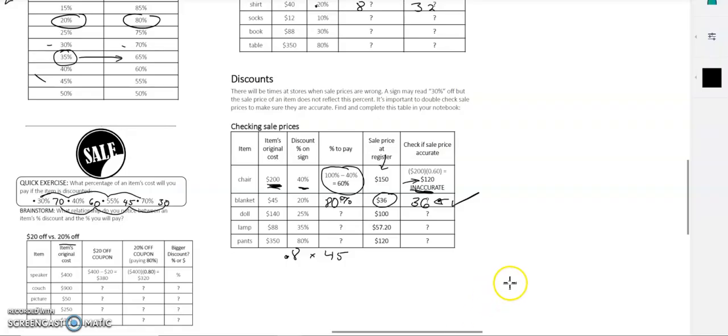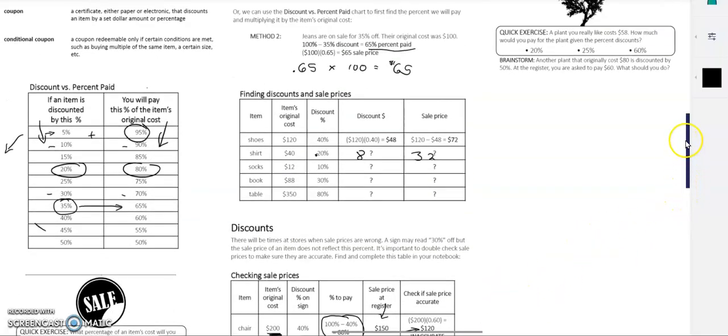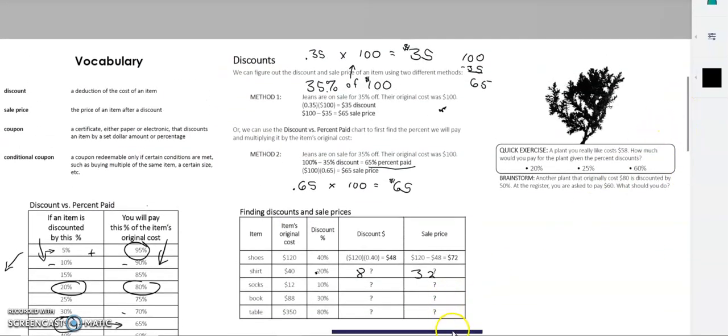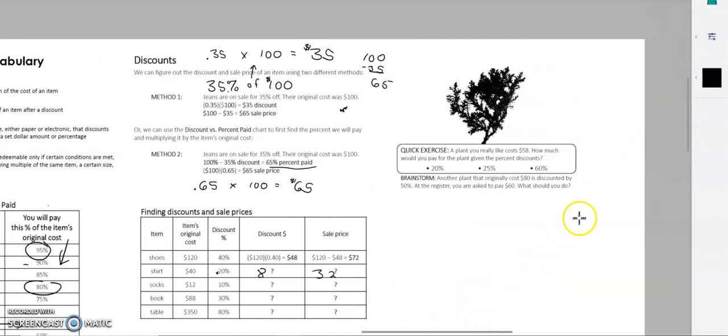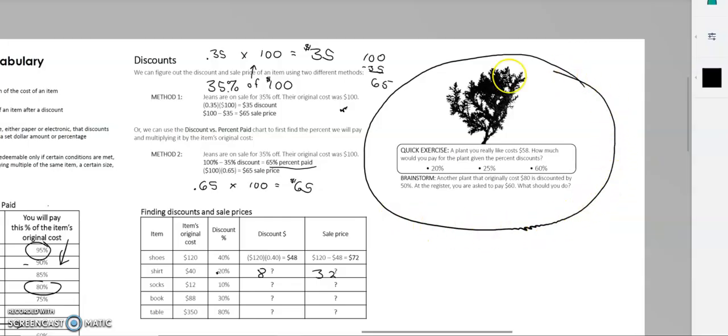Now, assuming you may have a little bit more time, what I would like you to do, and hopefully we have enough information that we can get to this part and you don't need it explained too much, is this question where they're talking about a plant at a nursery that you really like that costs $58.